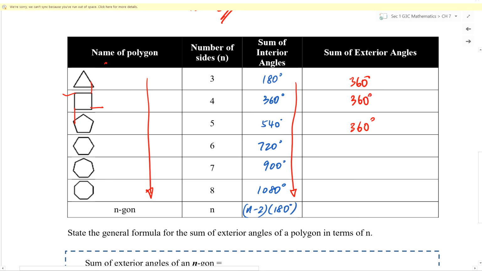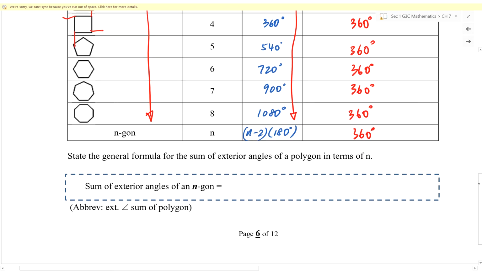Of all these shapes, if you were to zoom out for all of them, you will always see that it is 360 degrees. So even for the general case, n-sided polygon, also 360 degrees. Okay? Now, state the general formula. Is it really a formula? No, it's not really a formula. The sum of the exterior angles of an n-gon is 360 degrees. There's no formula.